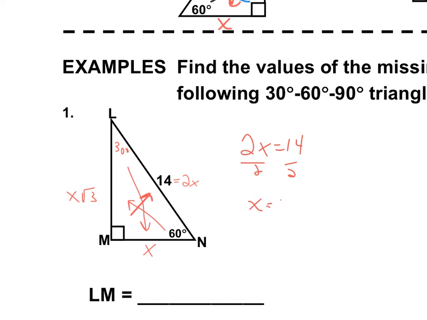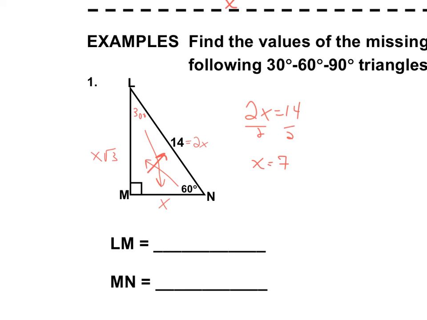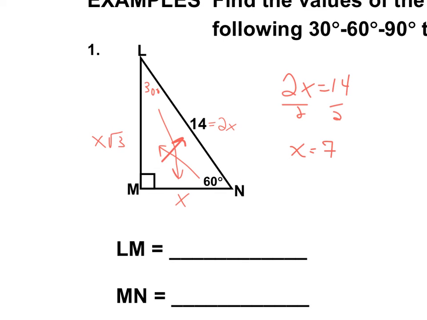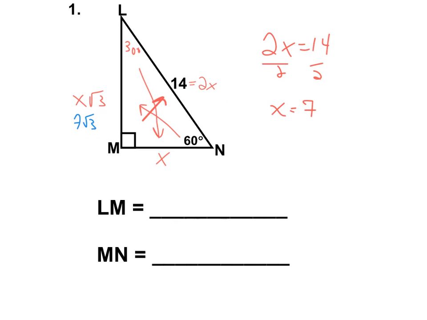And I get x equals 7. And since they gave us that side, it's basically just a plug-in problem. LM, x square roots of 3, I plug in the 7 for x, and I get 7 square roots of 3. And then MN is just x, which we found to actually just be 7. So not too bad there, guys, but it gets a little more complicated when we go to our next.